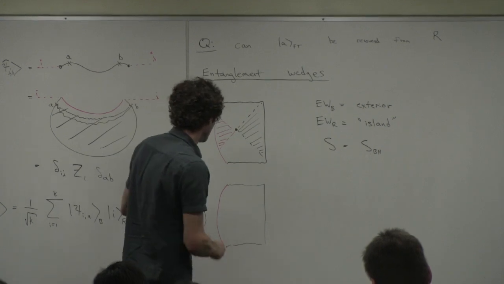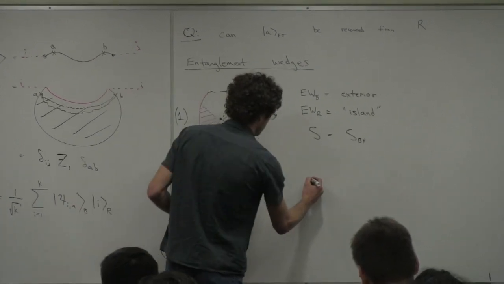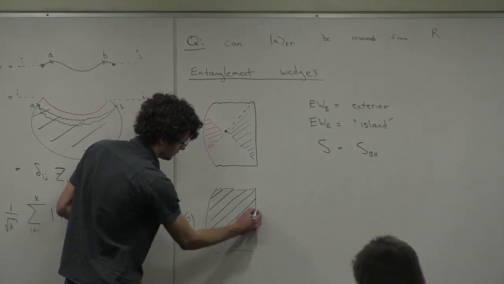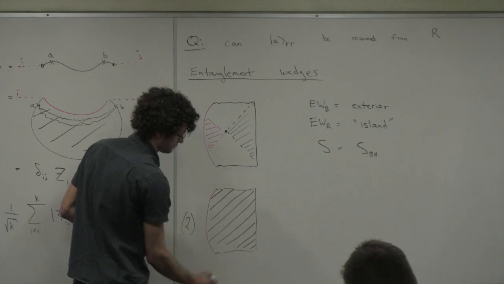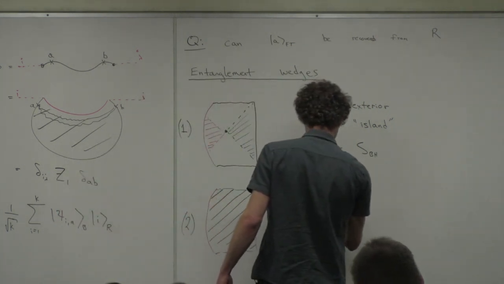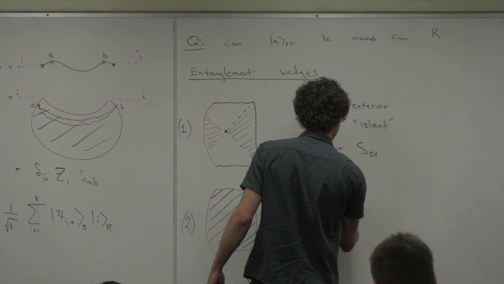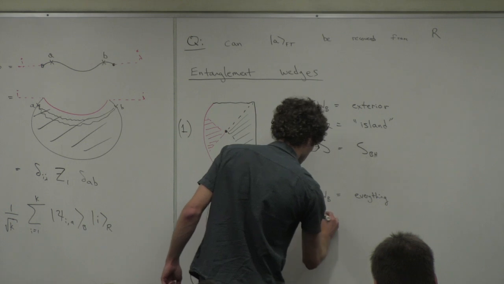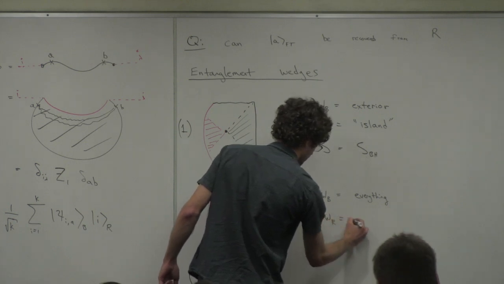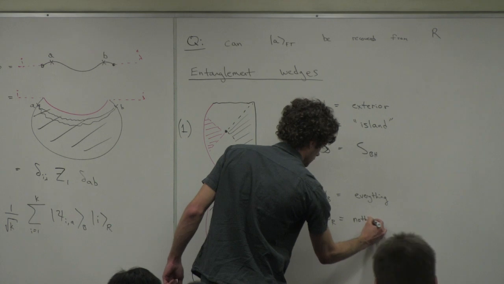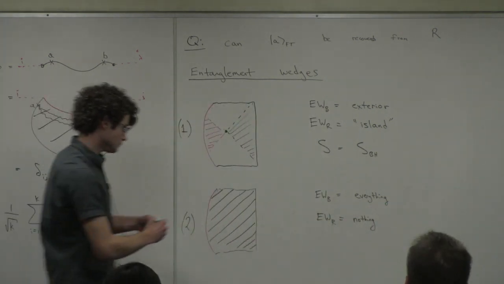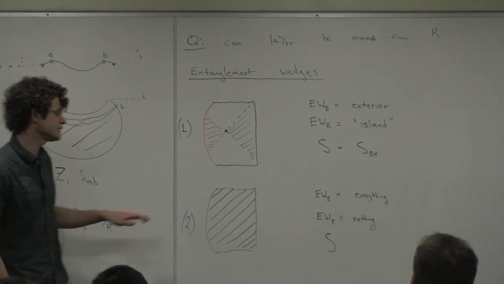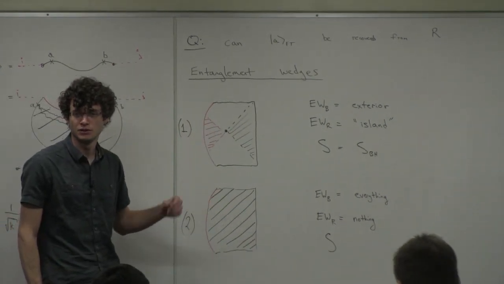Candidate extremal surface 2 is sometimes called the empty set extremal surface. And in that case, the entanglement wedge of the boundary is the whole spacetime. Entanglement wedge of the B system is everything. And the entanglement wedge of the complement, the R system, is nothing. Okay, and now we should ask, if we do choose that to be the RT surface, what will be the entropy that we compute?